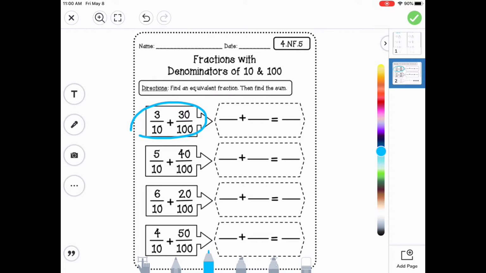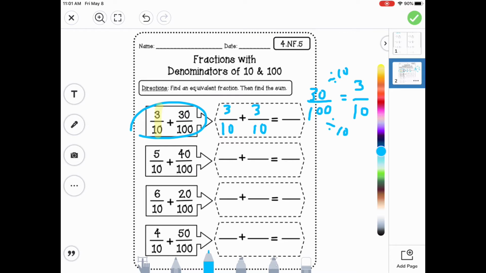Option 1 is you can keep the fraction 3/10 the same, and you can turn the fraction 30 over 100 into a fraction that has a denominator of 10. So the way that I could do that is I know 30 over 100 could turn into a fraction over 10 if I divided the top and I divided the bottom by 10, because I know 100 divided by 10 equals 10, and then 30 divided by 10 equals 3.